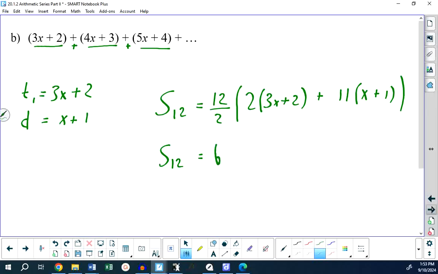Now we can write 6. This is 6x plus 4. And this is 11x plus 11. So I'm just multiplying this stuff out. We clean up what's in brackets, we multiply it by 6.